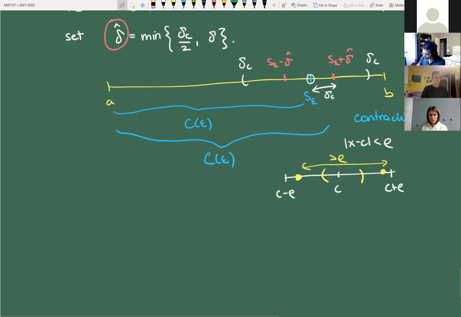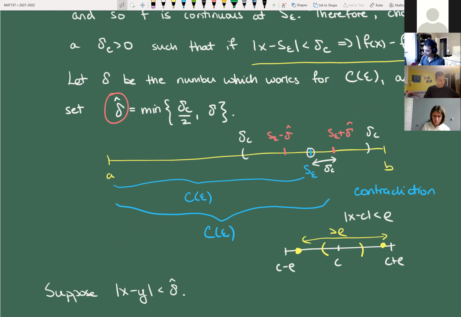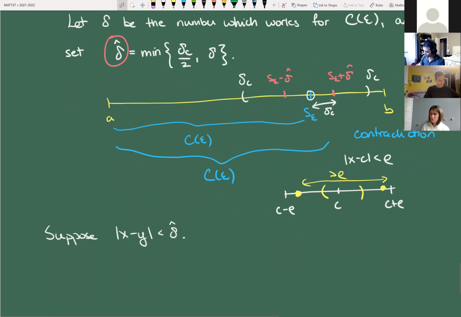Okay, so case 1. So now what we're going to do is we're going to say, suppose that the absolute value of x minus y is less than delta hat, right? And delta hat is this thing here right before I drew the picture, delta c divided by 2 or the min of delta c over 2 and delta.